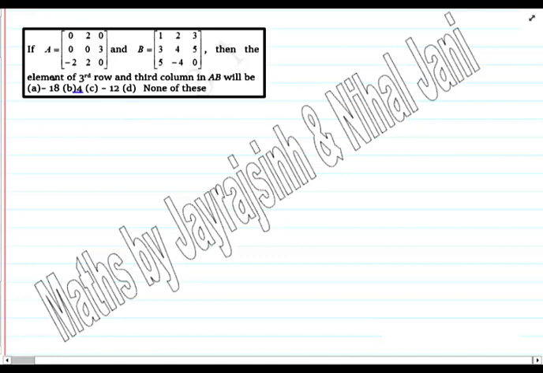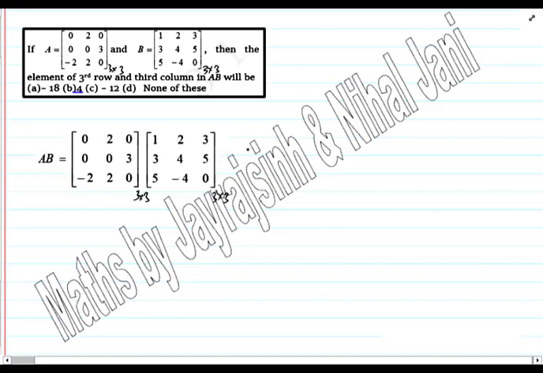In our next question, matrix A of order 3 cross 3 and B having the same order 3 cross 3, we have to find the element of third row and the third column of A into B. So first of all, we have to multiply A into B. Here both have same order, so the answer is also of order 3 cross 3.